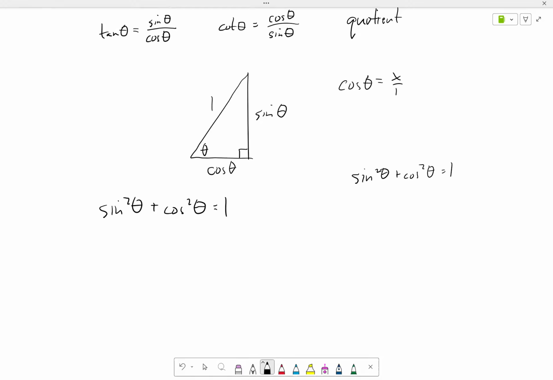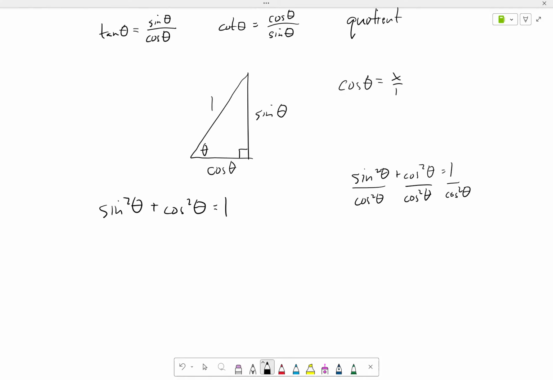What I'm going to do here is divide everything by cosine squared theta, just arbitrarily. So what I'm doing here is deriving another Pythagorean identity. Do you see what that first expression becomes?